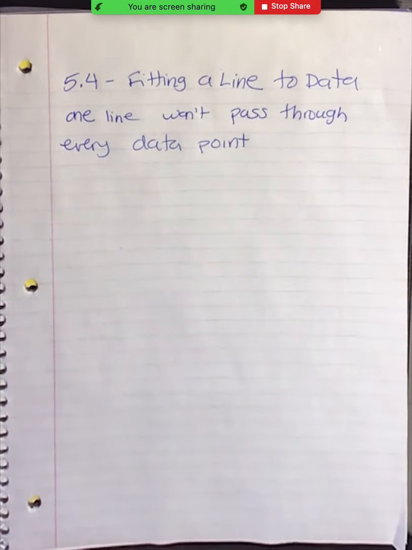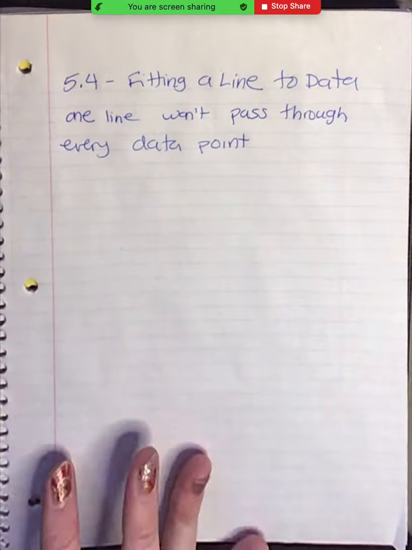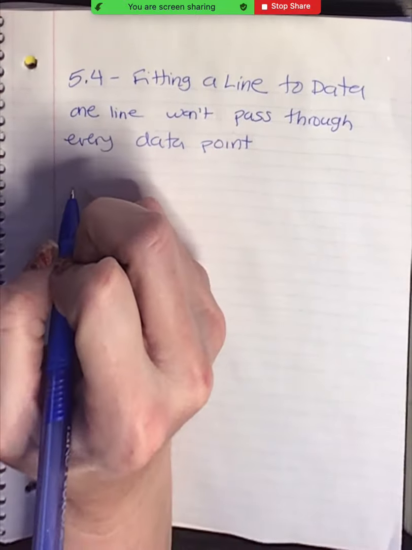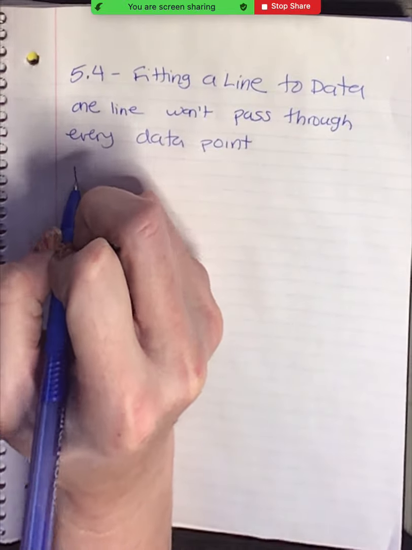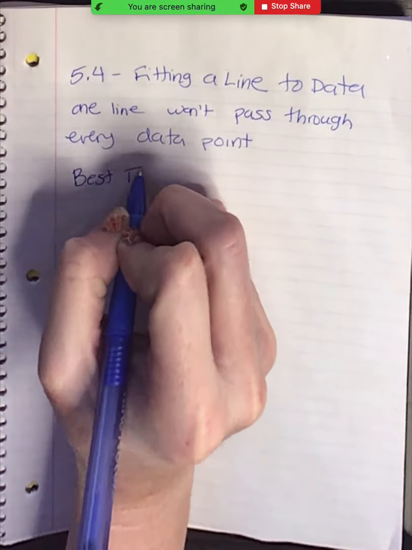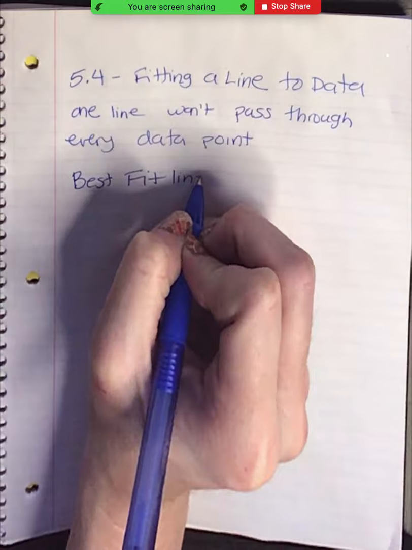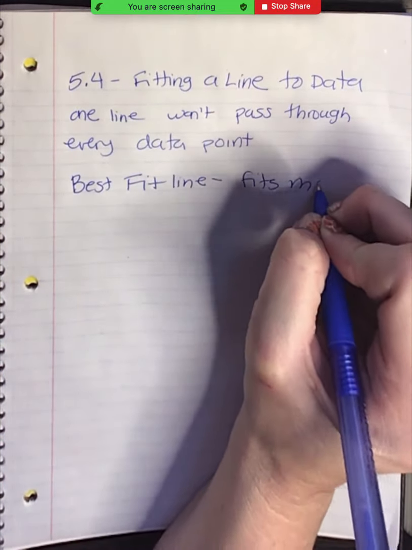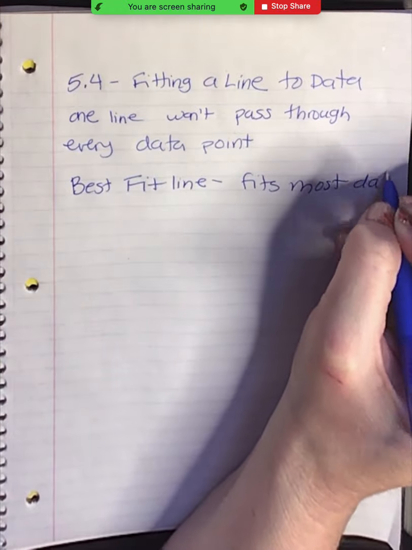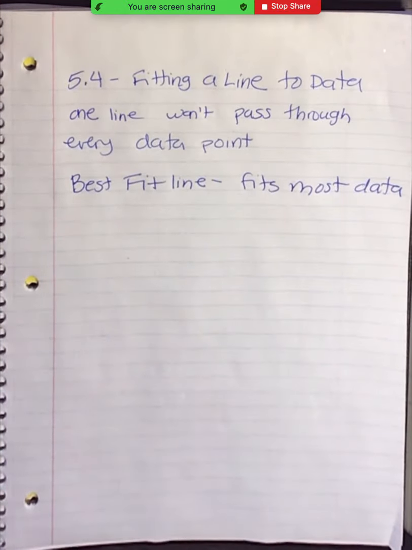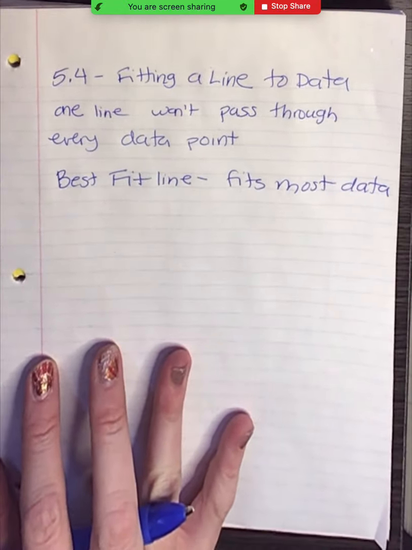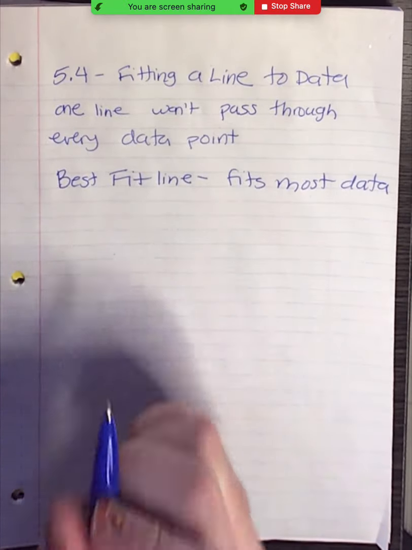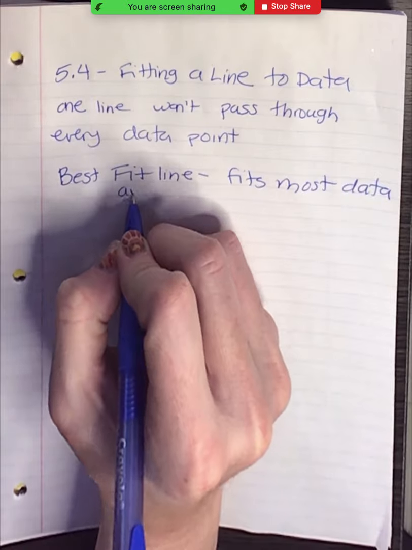That's what we want to do in this lesson: find a line called the best fit line. It fits most of the data. When it's done using software or a calculator, it is an average of your data points.